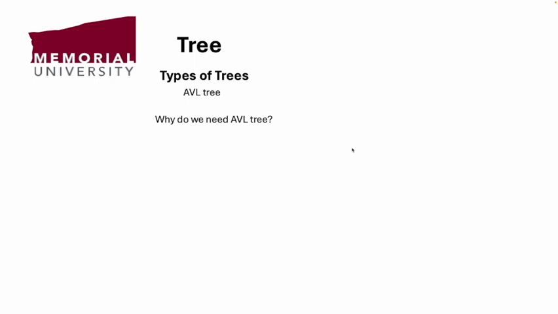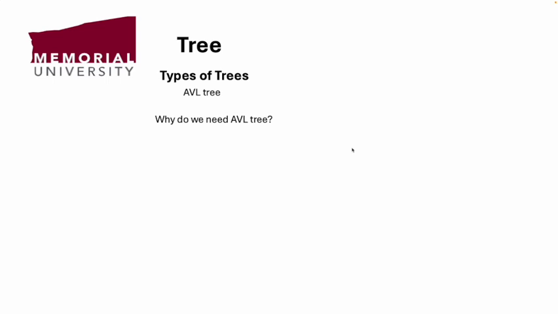What is the disadvantage of the binary search tree, based on what we learned? Mainly the efficiency, right? In some scenarios. Because in a binary search tree, the average case time complexity is what? It's big O of log n. But the worst scenario is what?